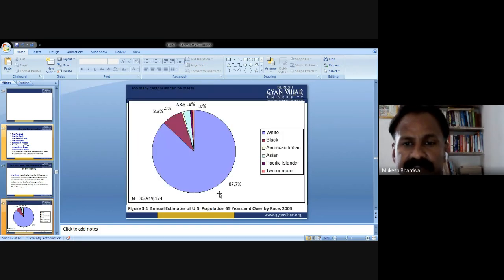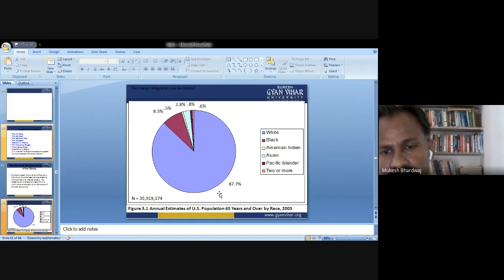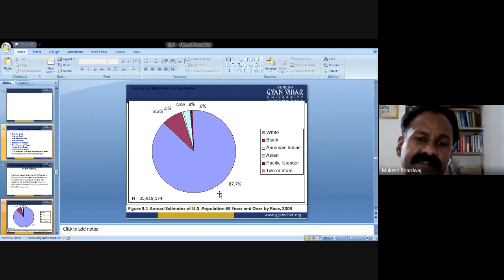For example, as you see, there is an annual estimate of the US population having age 65 years and over.